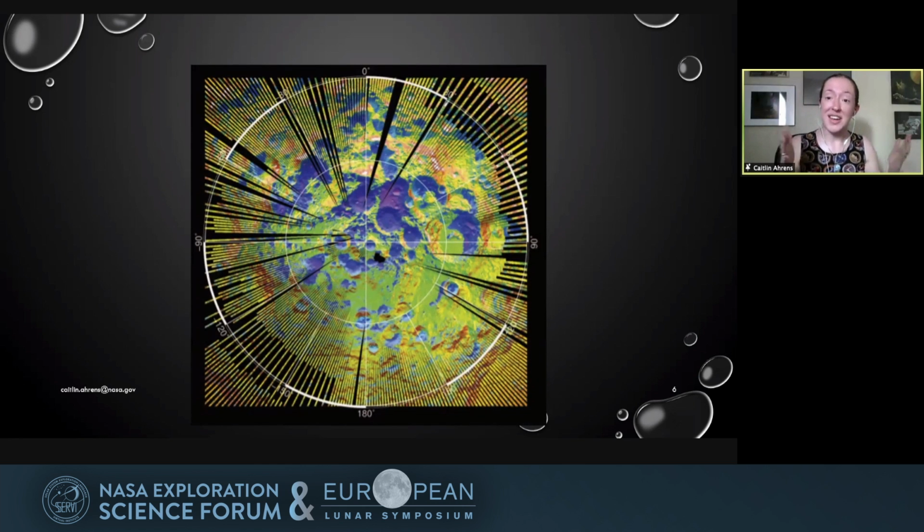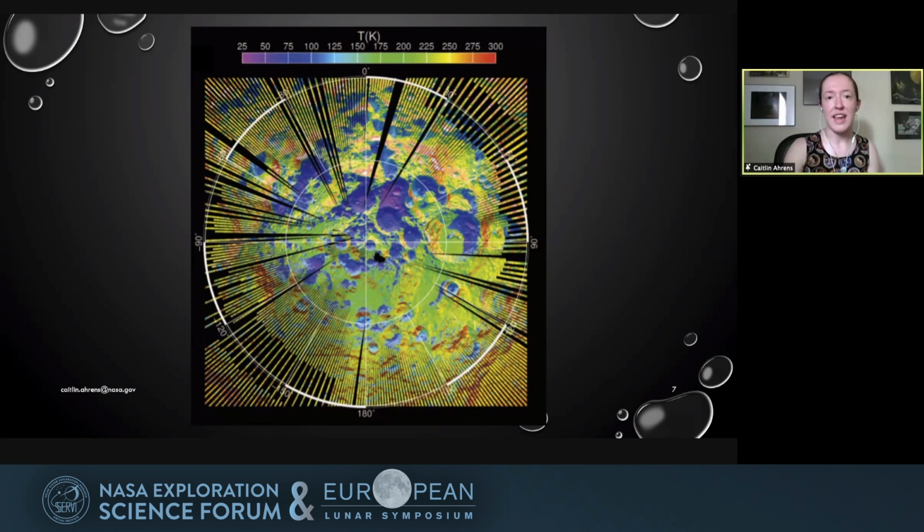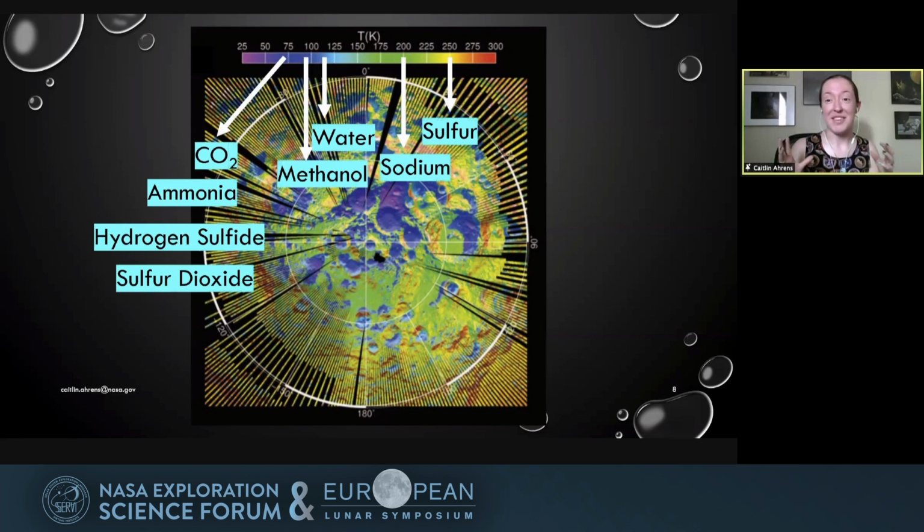So taking a look at WAC and NAC imaging, LOLA, and then Diviner is also a huge help here with the glorious temperatures. So we get this beautiful Diviner data with the bolometric temperatures that you see at the top here. So you might just see, okay, there's a lot of blue and purple here. That's great. There's a lot of cold spots. But now it's not just water ice anymore.